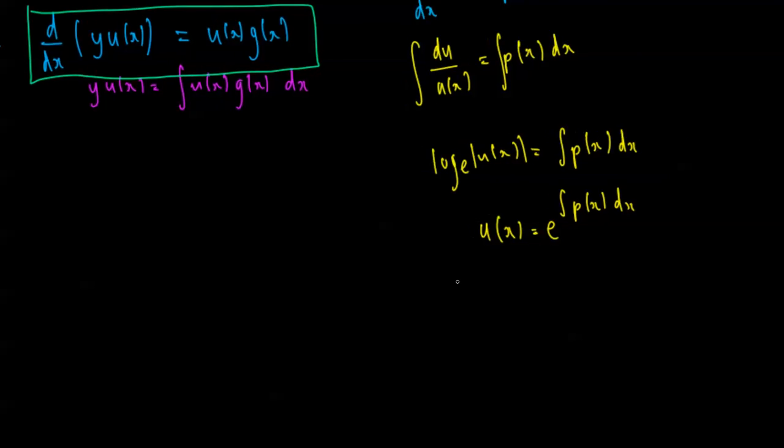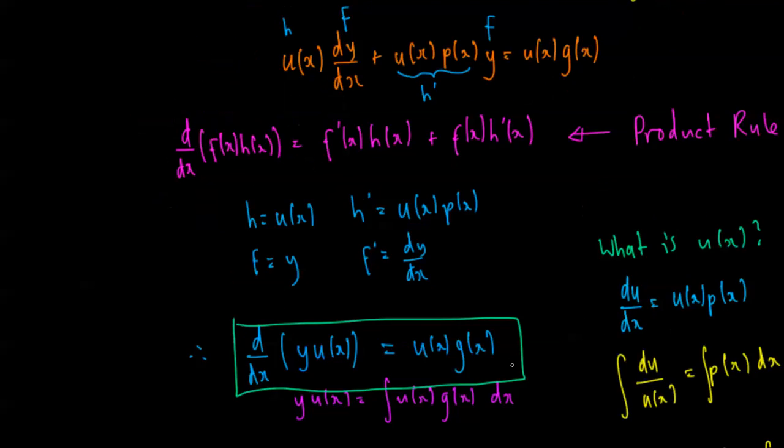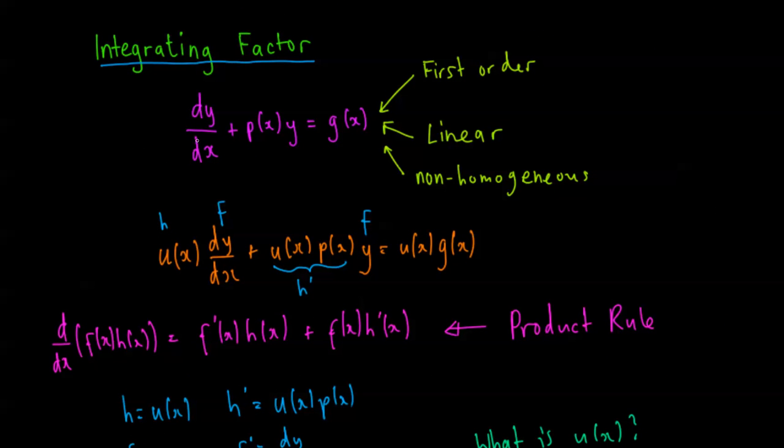So the function we choose to multiply every term by in our differential equation is u equal to e to the integral of p of x dx.